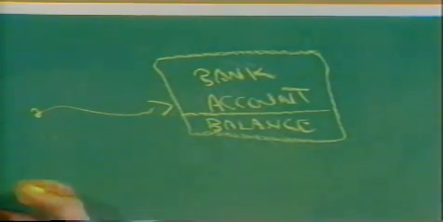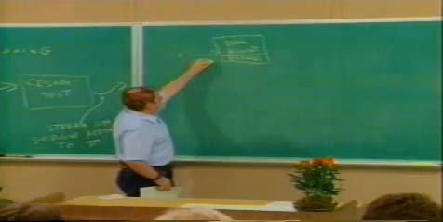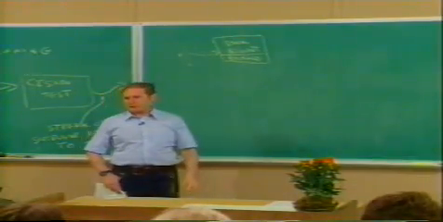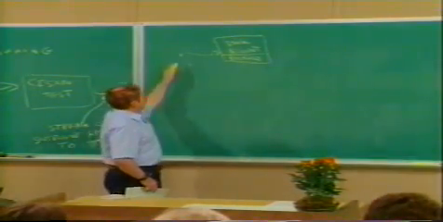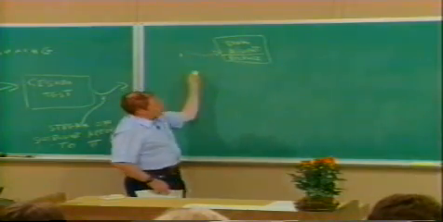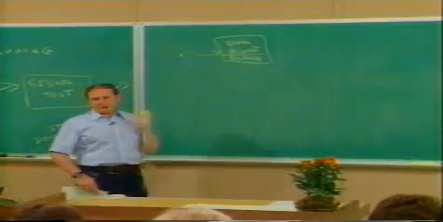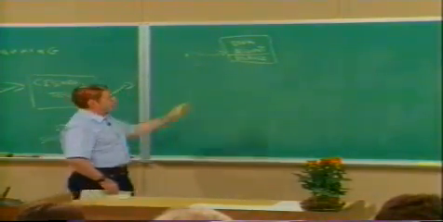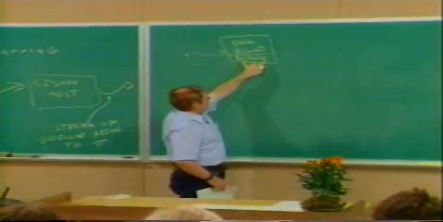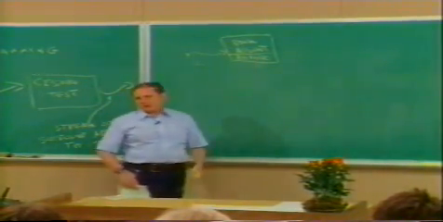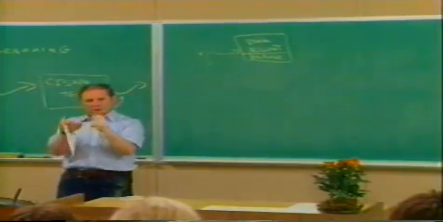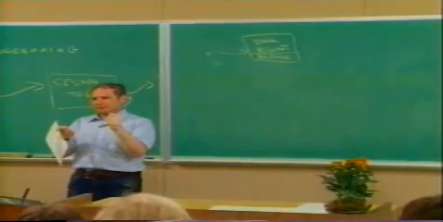So the user says, let's deposit some money, and the bank account sends back a message, which is the balance. And the user says, deposit some more, and the bank account sends back a message. And just like the random number generator, you'd say, gee, we would like to use set. We'd like to have balance be a piece of local state inside this bank account because we want to separate the state of the user from the state of the bank account.